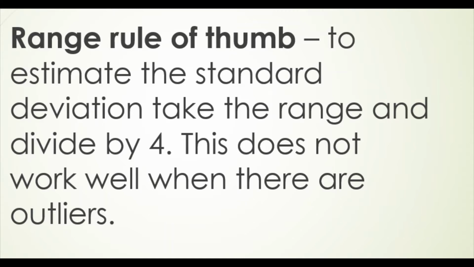And note that this doesn't work well when there are outliers. But if there aren't large outliers, we can just take the range and divide by 4, and that's going to give us a rough estimate of what the standard deviation is going to be.